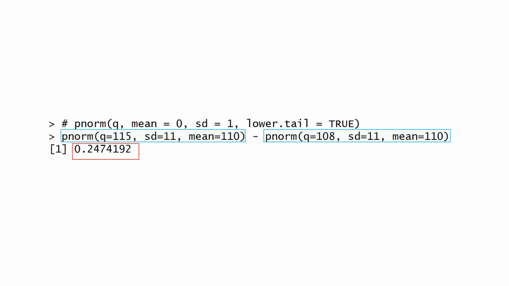Notice I used pnorm to find the area less than 115, and there's a box drawn around that pnorm function. I then subtracted the pnorm to find the area less than 108, and there's a box around that pnorm function as well. The difference between these two pnorm functions is the answer, about 0.2474.